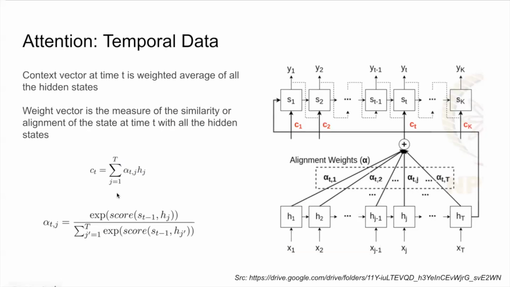So this is the context vector. The context vector is the weighted average of all these hidden states.